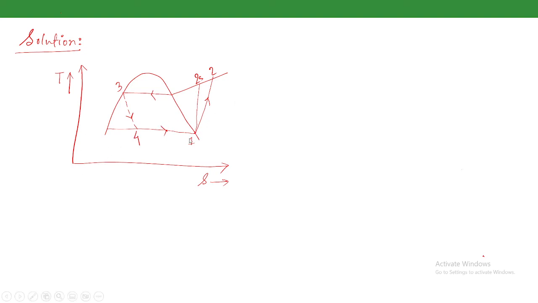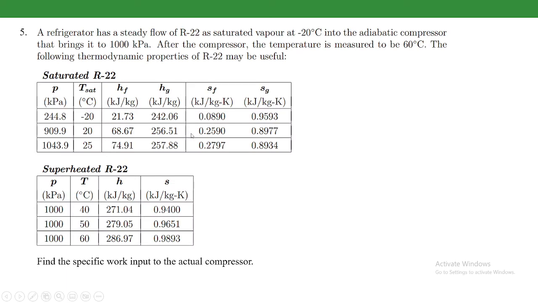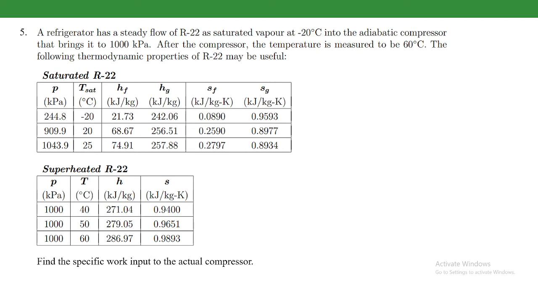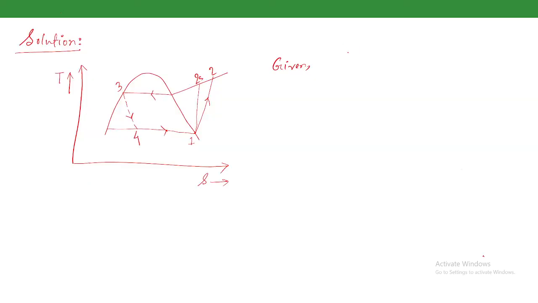So what else is given in the compressor? The entry point, we write it down: given T1 is equal to T4 is equal to minus 20 degrees Celsius.